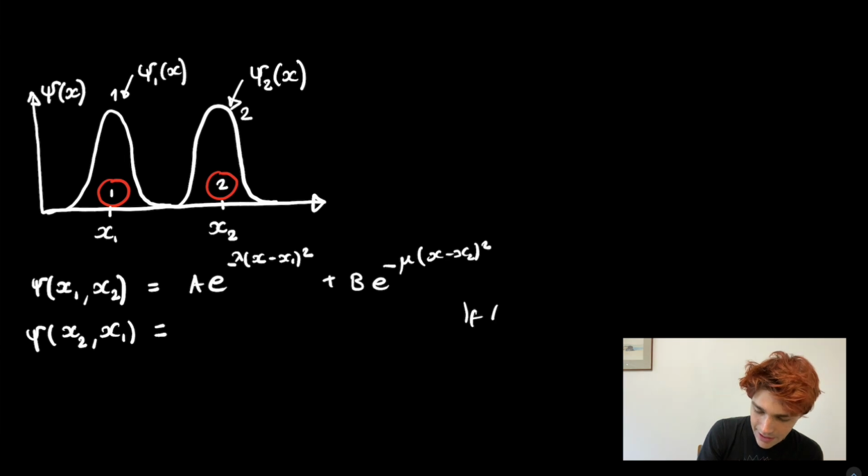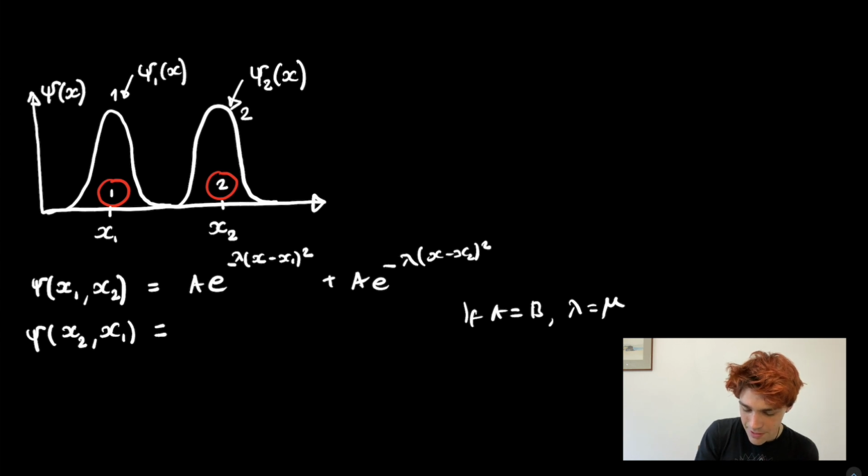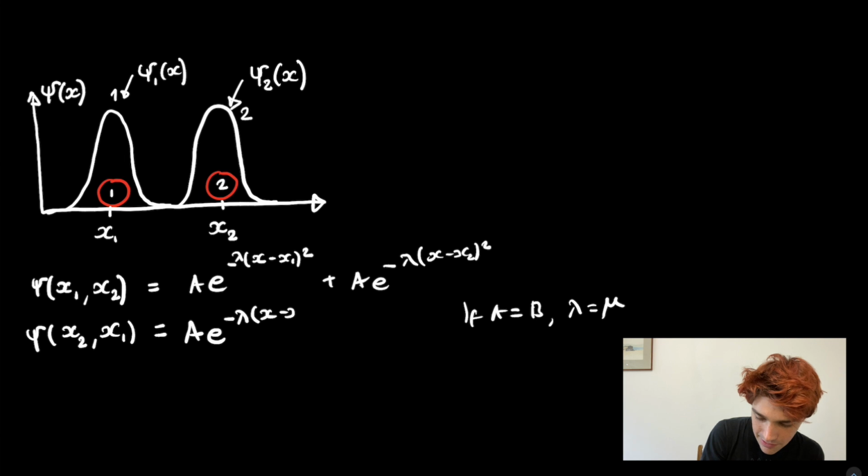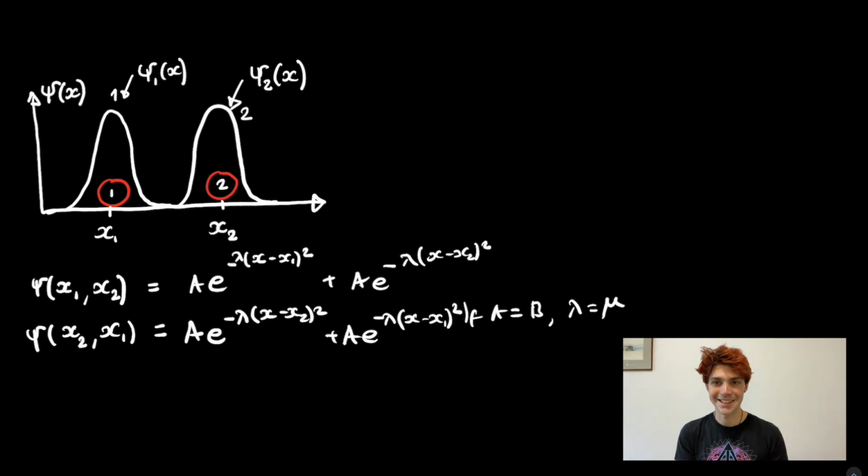So A equals b and lambda equals mu. Then I'll just swap these out right here. So that's going to be another a, and that's going to be another lambda. Then if we swap the position of x1 and x2 in the equation, then we're going to get, as I'm sure you can tell, a e to the minus lambda (x minus x2) squared plus a e to the minus lambda (x minus x1) squared, which is exactly the same as psi of x1 and x2.